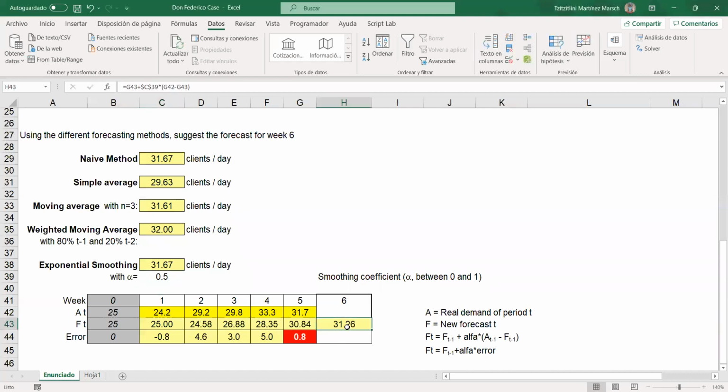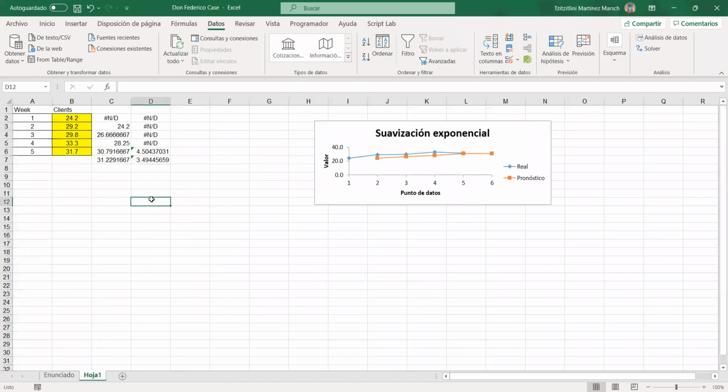My answer was 31.26, which is the forecast that the formula in Excel is giving me, which is 31.229, okay? With an error of 3.49. This is the error that it's actually given me.